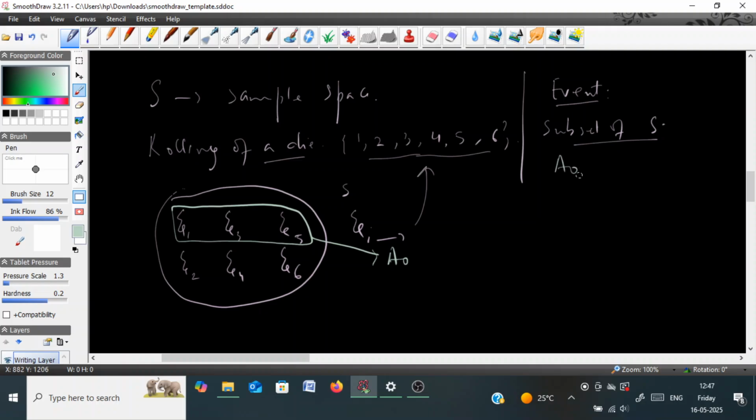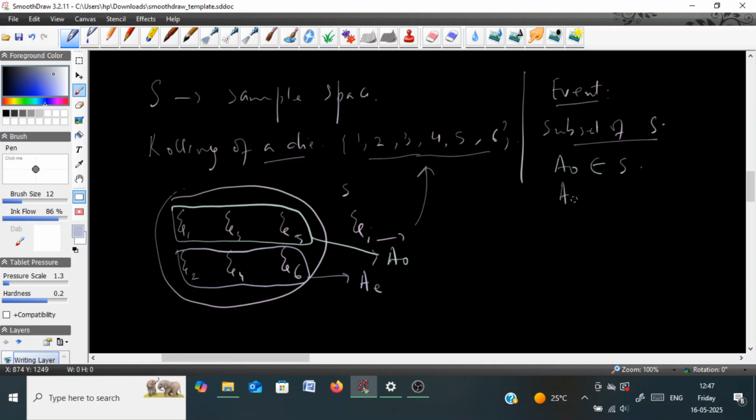Definitely A naught is a subset of S. Or we can define another event, suppose event A, where the outcome of the die is an even number.